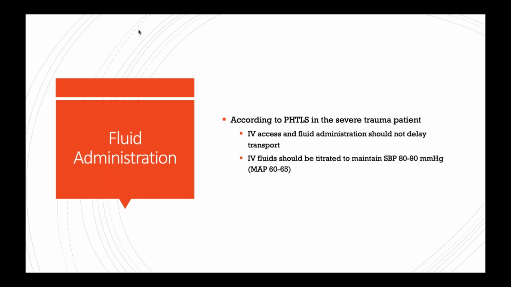If you like using MAP, you should keep your MAP between 60 and 65. The only considerations to this would be spinal shock and neuro shock, where we're going to keep our MAP a little bit higher than 65, 65 to 70, 75. Other than that, our fluid administration should be pretty limited on our patients.